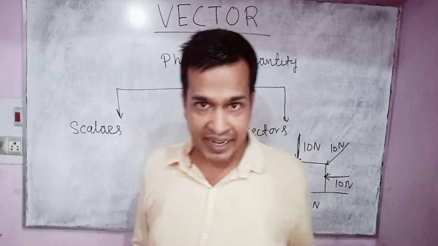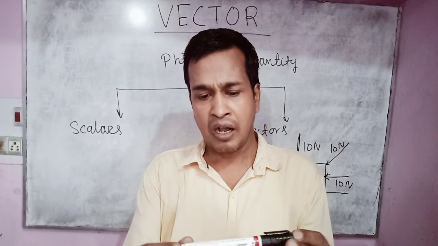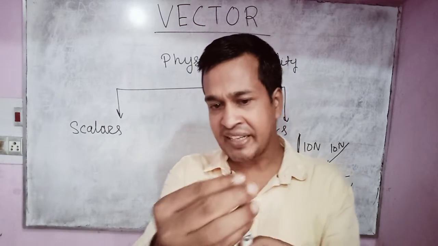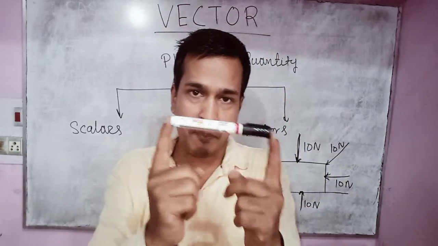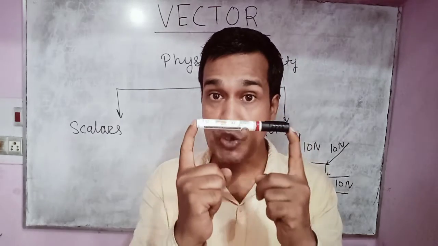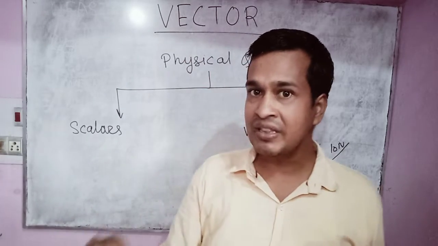There is another example. Suppose that the length of this pen is 10 centimeter. If I keep this pen in different directions and orientations, in all the situations, the length of this pen remains 10 centimeter. It means length has nothing to do with the direction.